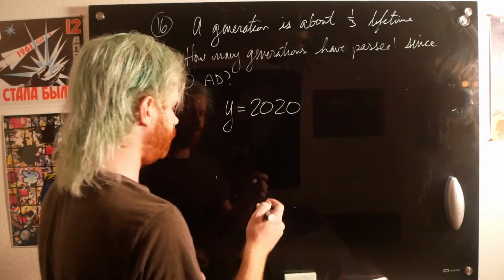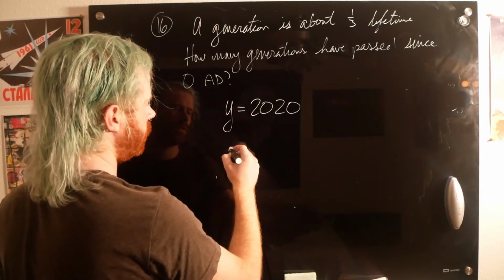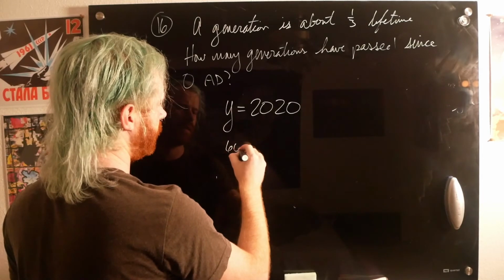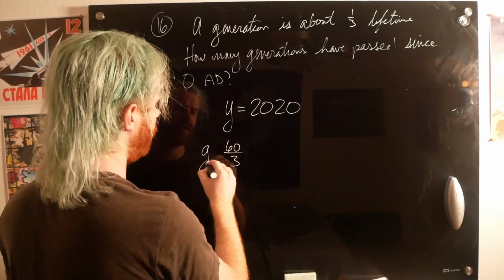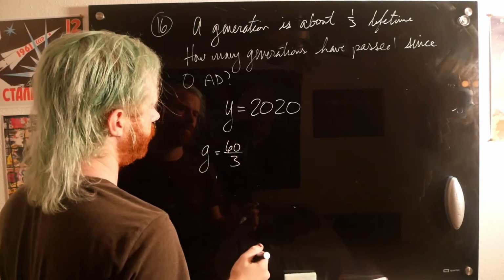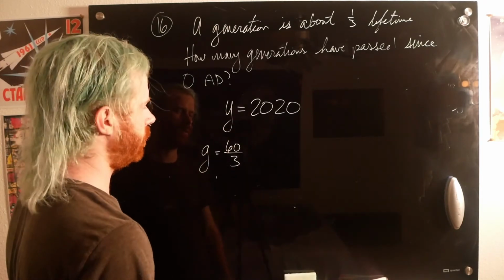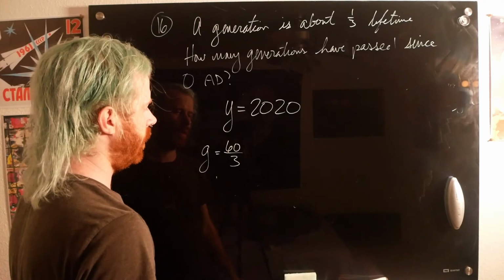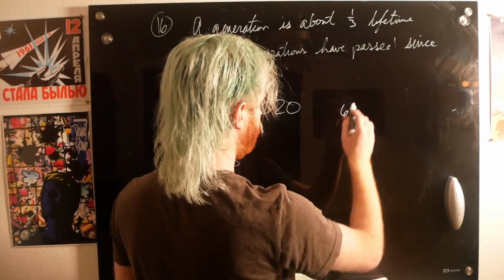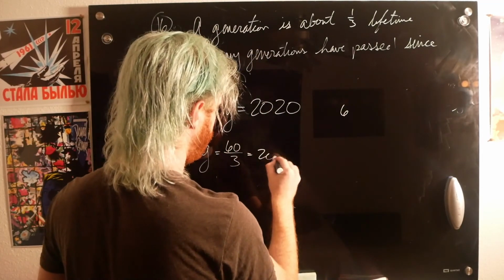So we'll do 60 over 3, which is what a generation is going to equal, right? So how many generations were between the year 0 and 2020? 60 over 3 is the same thing as 20.